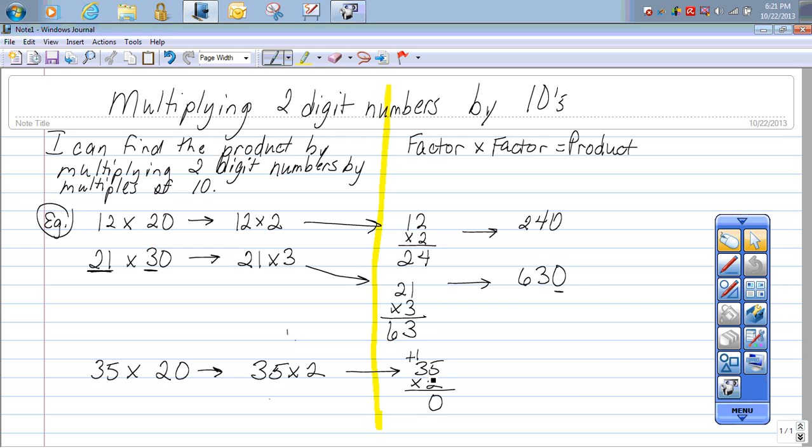Carry our tens place. 2 times 3 is 6, plus 1 is 7. So we know that that is 70. Then we place our extra 0 that we have, and we get 700. I'll pause so that you can take note.